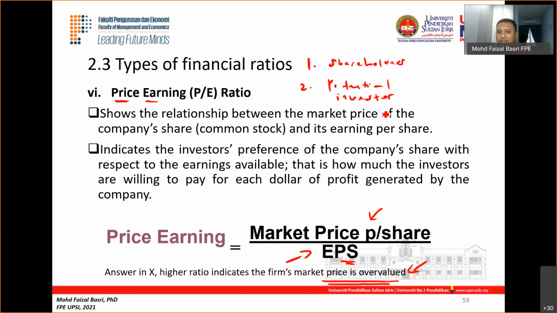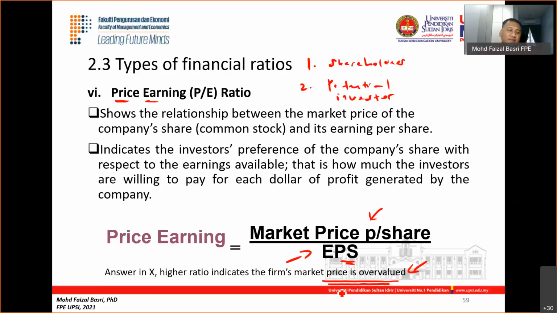But for potential investors, they will not purchase during overvalued because it's expensive. When we talk about overvalued, usually it refers to the price being expensive as compared to the earnings. So for potential investors, they want it to be undervalued, which is as low as possible.